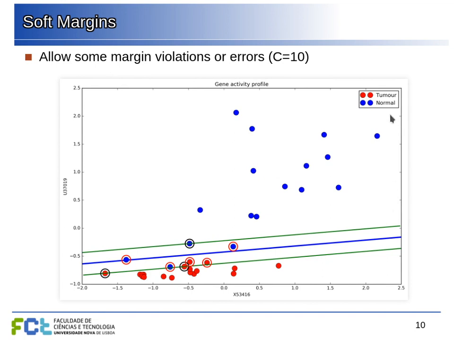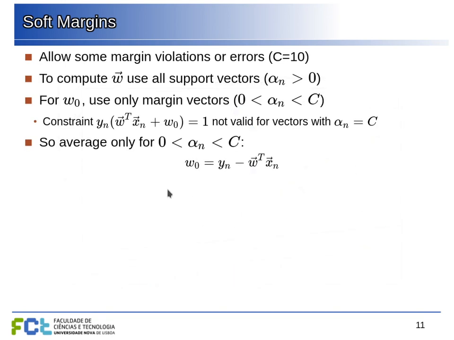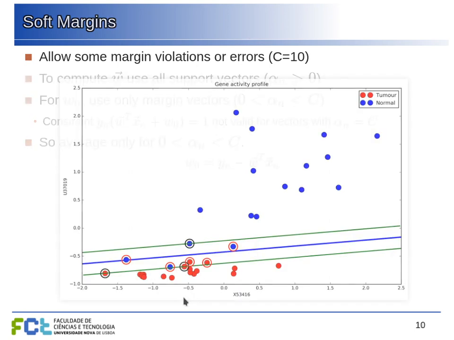To compute the W0, that additional constant that determines how high or low this discriminant is, we should only use the vectors for which the alpha is lower than C. This is because this expression here, which we are going to use to get W0, is only valid for these support vectors that are on the margin.